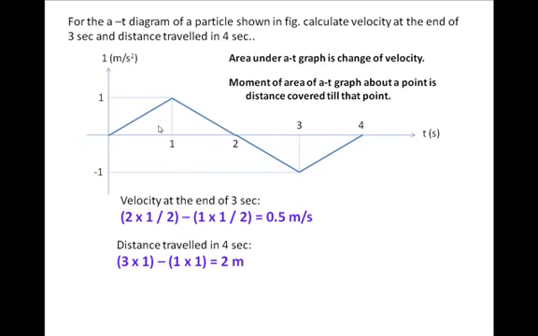So we have moment of this area about the point of interest is 3 into 1. And similarly, moment of this negative area about point of interest is 1 into 1. 1 is the area and next one is the distance from 3 to 4. Sign is negative because it's below x-axis and you have distance traveled as 2 meters.